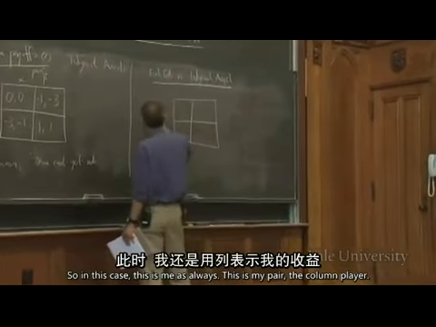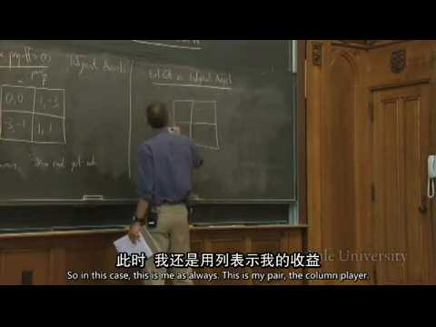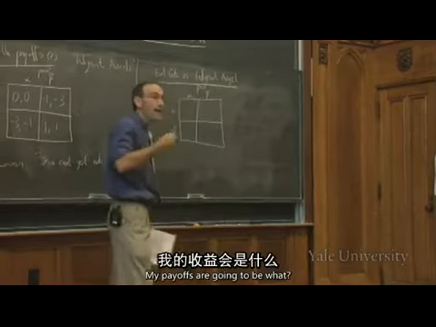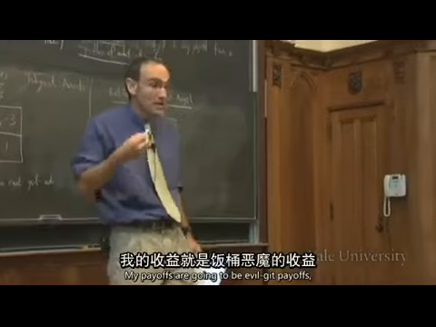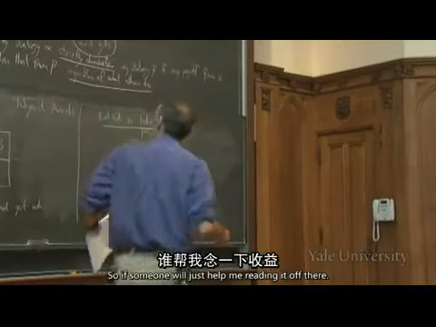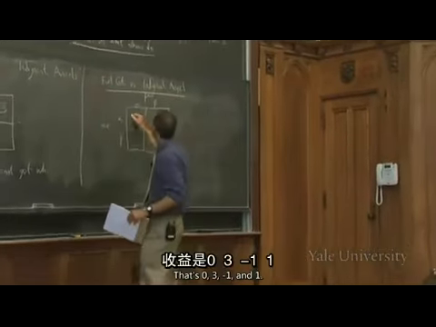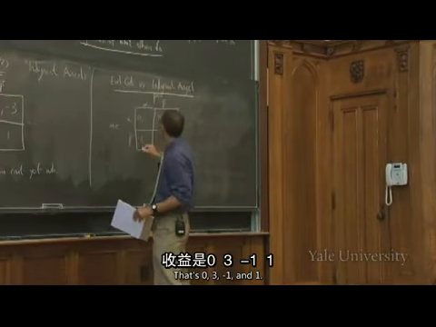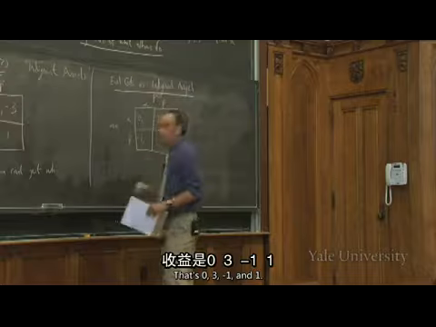This is me, as always, and this is my pair, the column player. My payoffs are going to be the evil git payoffs, so they come from the matrix up there. Someone has to help me with reading it off there. That's a 0, a 3, a -1, and a 1.